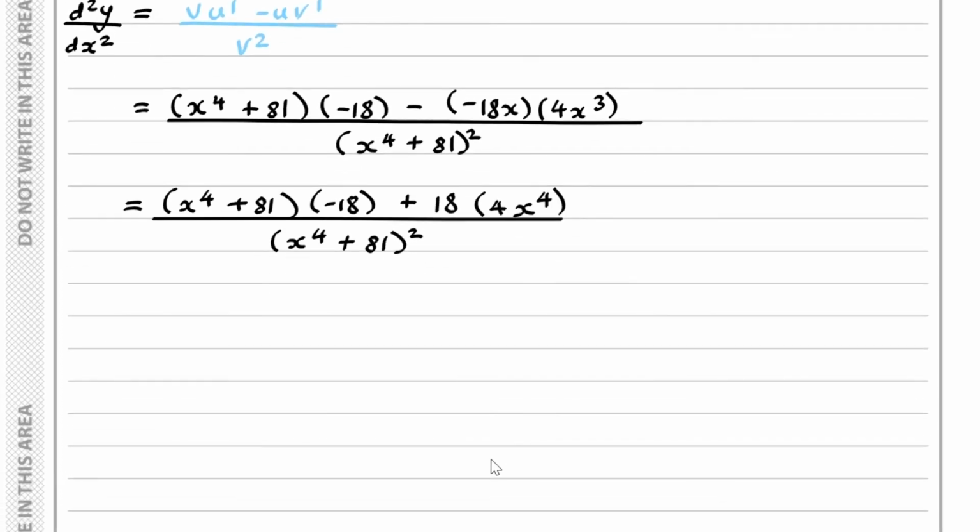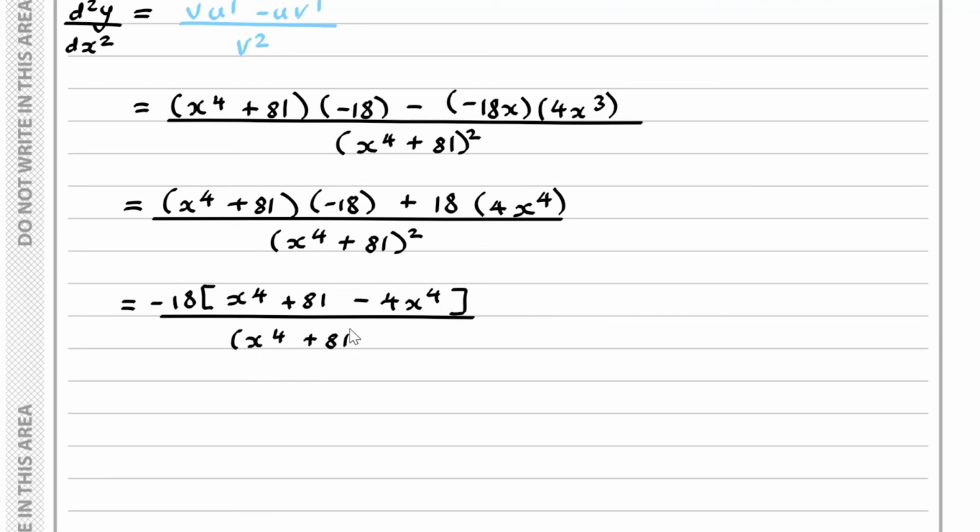So, for us to simplify all this, well, here, let's factorize out a minus 18. So we have minus 18 lots of x to the 4 plus 81 minus 4x to the 4, and then we divide this entire result by x to the 4 plus 81 squared.